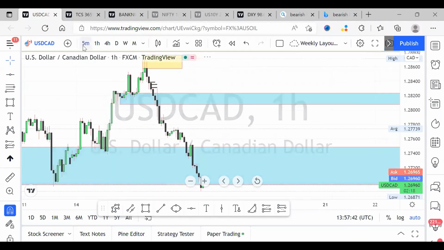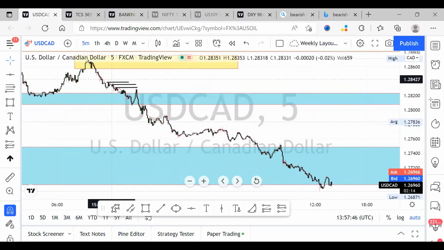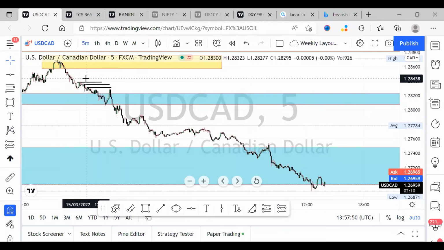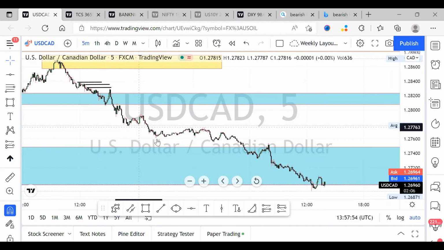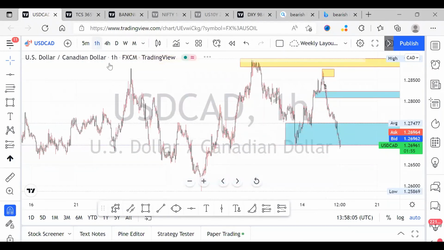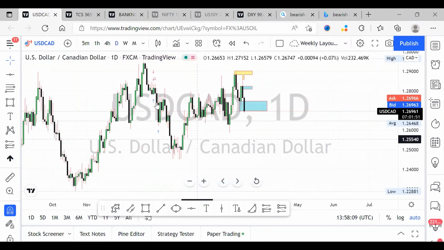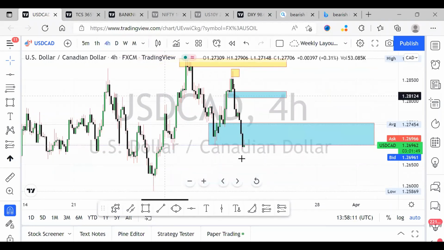If you look from the 5-minute point of view of what really happened, those were the key zones that were not taken out. Each time it's going lower, lower, lower, plus the pressure was coming from the top side. Sellers were in control. Overall, if you took this trade, you would have been in a lot of profit. You must understand key zones, what happens at these levels.